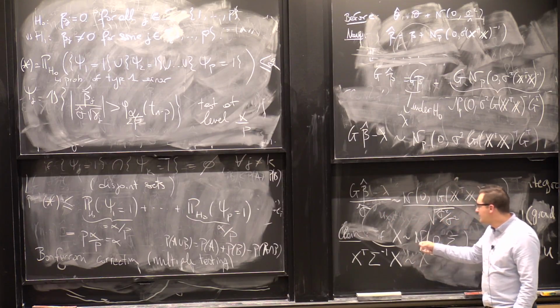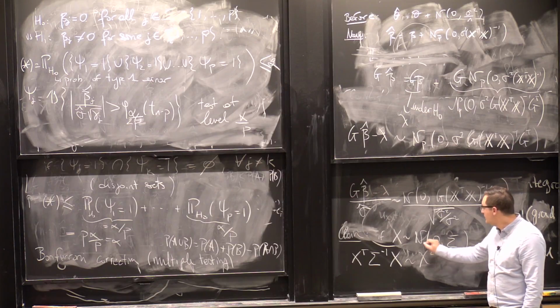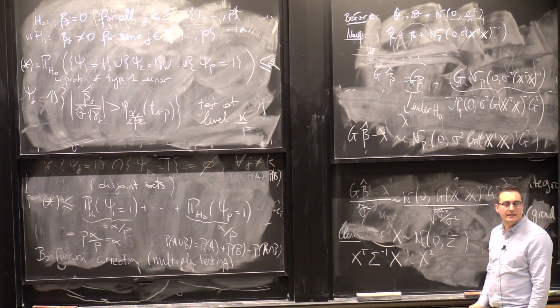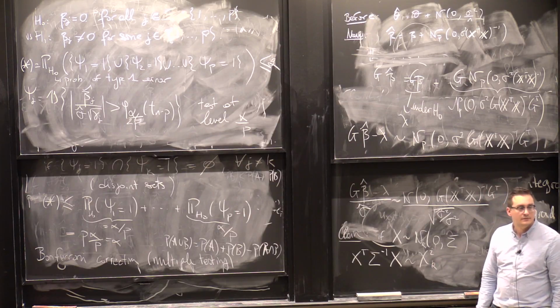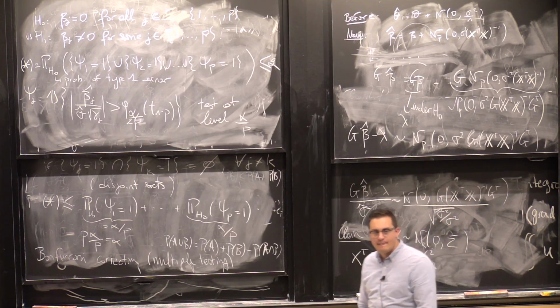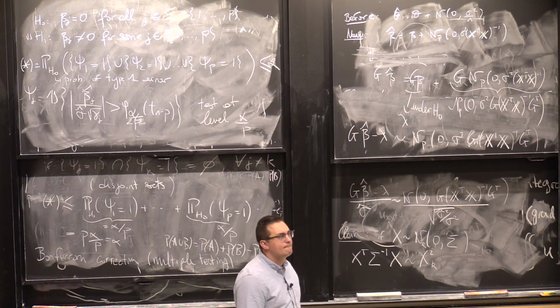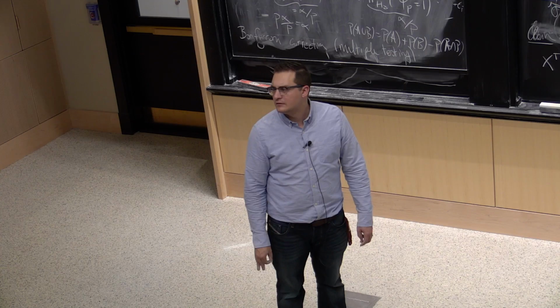And here, it's going to depend on what the dimension is. So if I make this a k-dimensional Gaussian vector, this is chi squared k, OK? Where have we used that before?